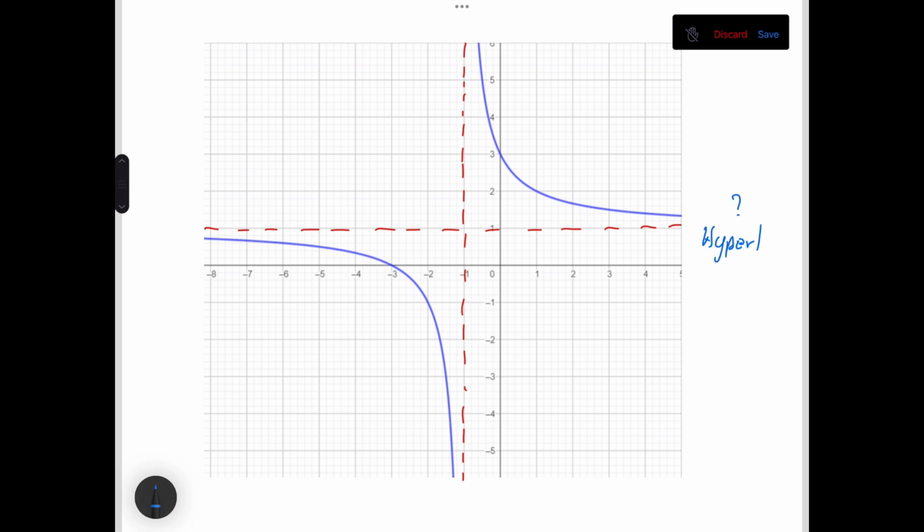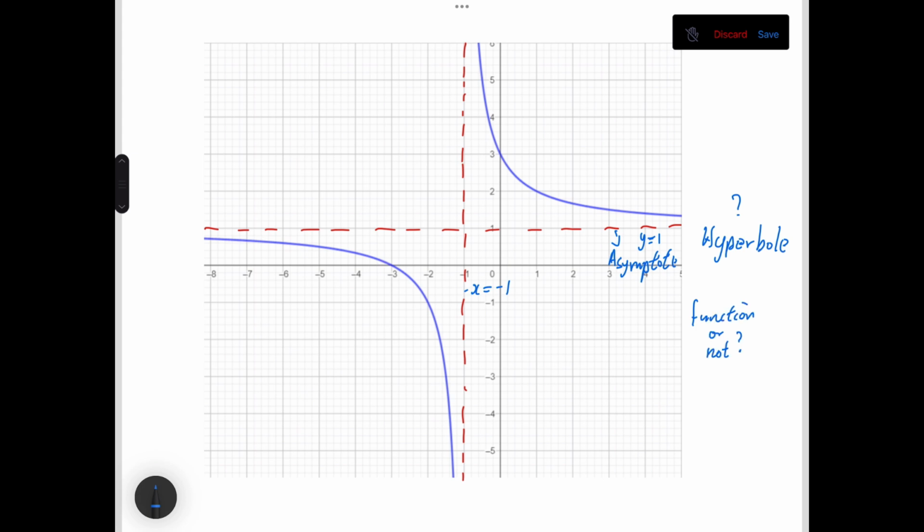It is a hyperbola, and those lines we indicated now are called the asymptotes. Specifically, to give the value of this asymptote, it's y equals 1 because it cuts at 1 there. And then the other one is the x asymptote, it cuts at -1. Right. So let's move on.